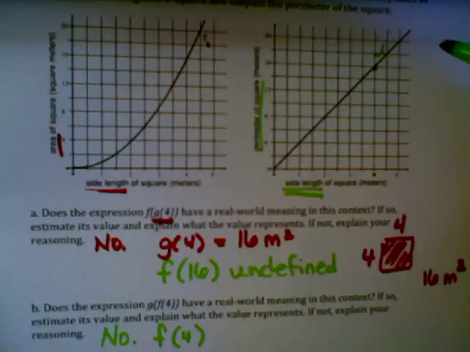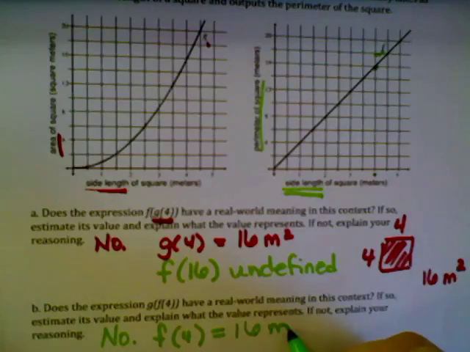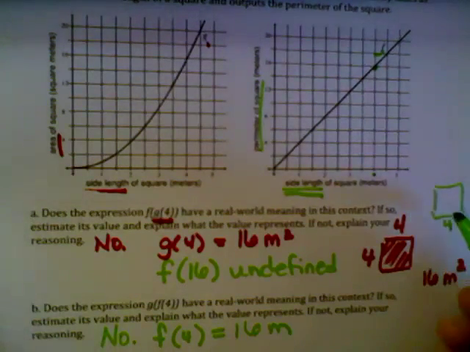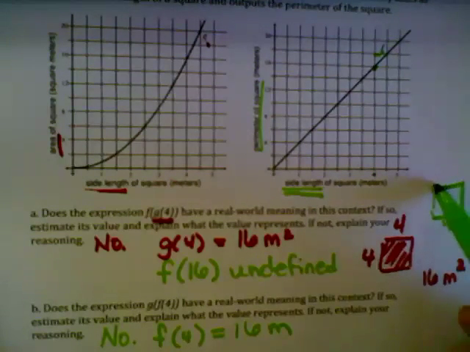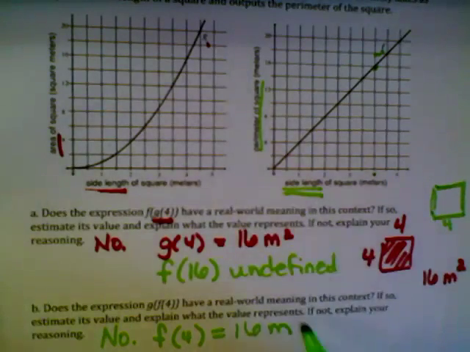Well, that's interesting. So that's 16. But that would be in meters. Think about a 4 by 4 square, and if we were to travel around the perimeter, we'd travel 4 plus an additional 4, and another 4, for a total length around the square of 16 meters.